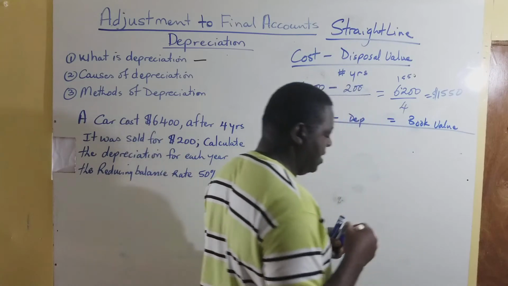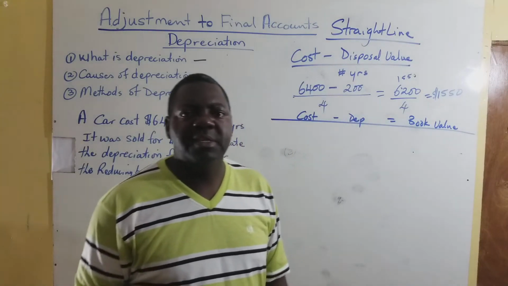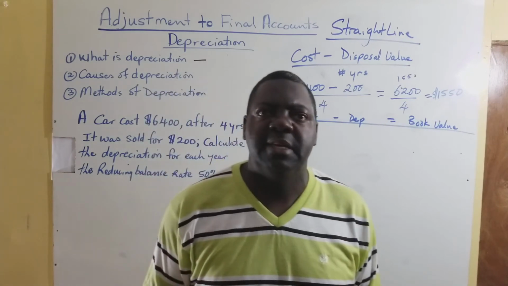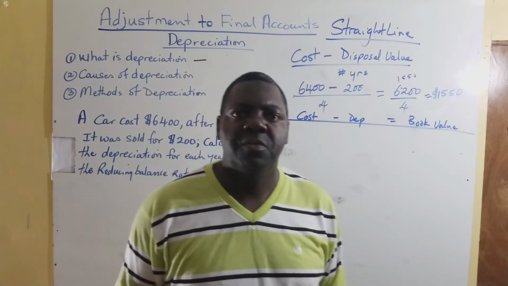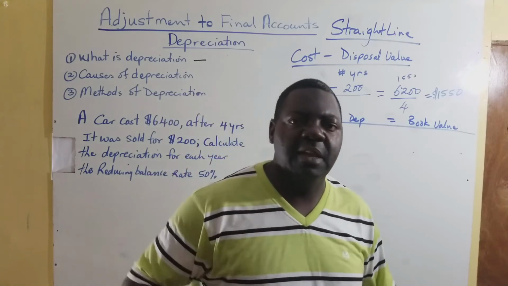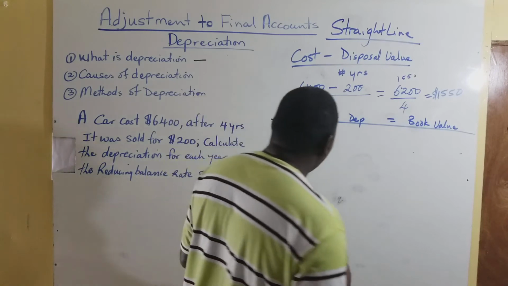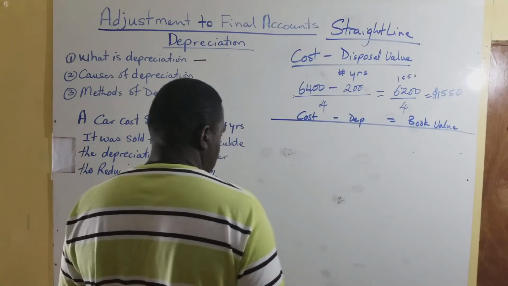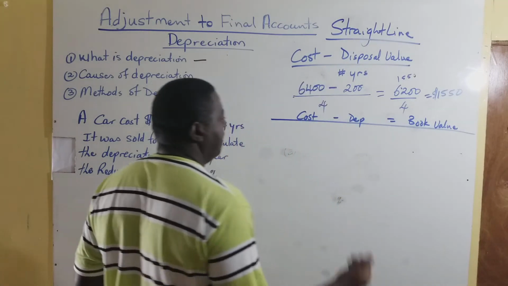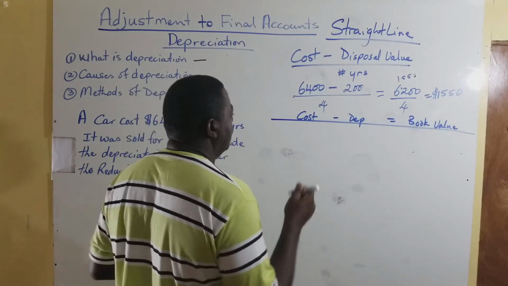The question that you may ask is, what is book value? Well, book value represents the current calculated value of the asset at the end of each year. So, to show the operation for the 4 years, how would it look?